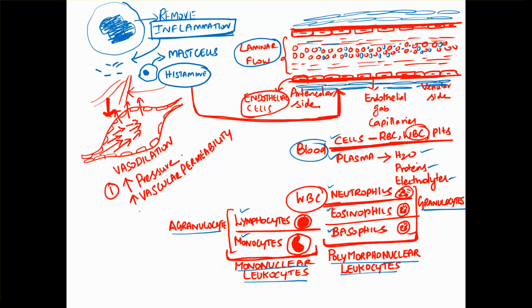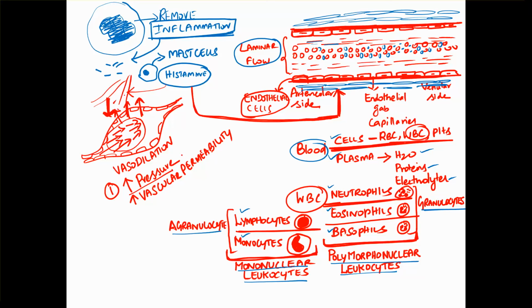Once the blood vessel is dilated, that causes more blood flow, which causes increased pressure, which makes the fluid escape out.